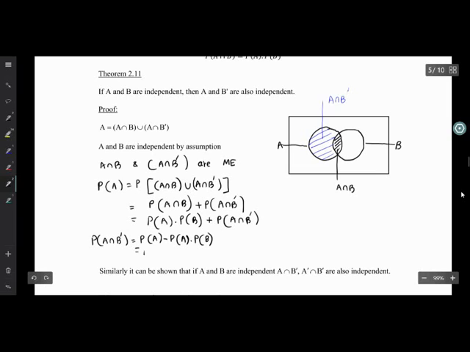Now we can take P(A) out. So we end up with 1 minus P(B), which is P(A and not B). When you have 1 minus P(B), that is the probability of B's complement. So we end up with the probability of A intersection B prime being the same as P(A) times P(B prime), which means A and B prime are also independent.